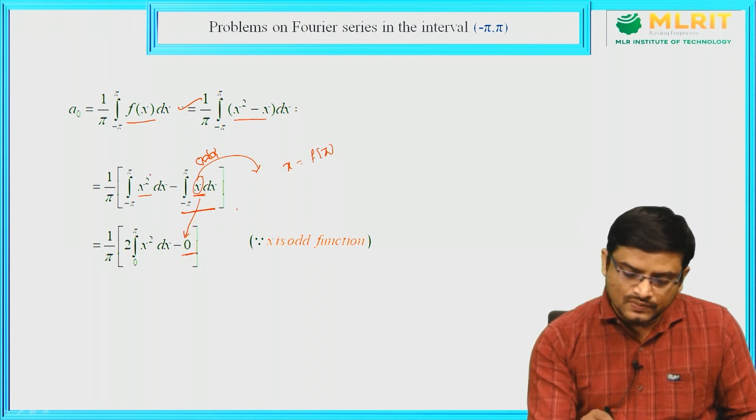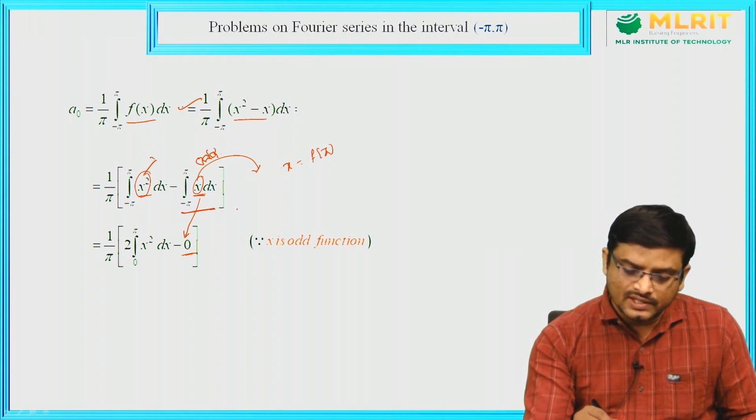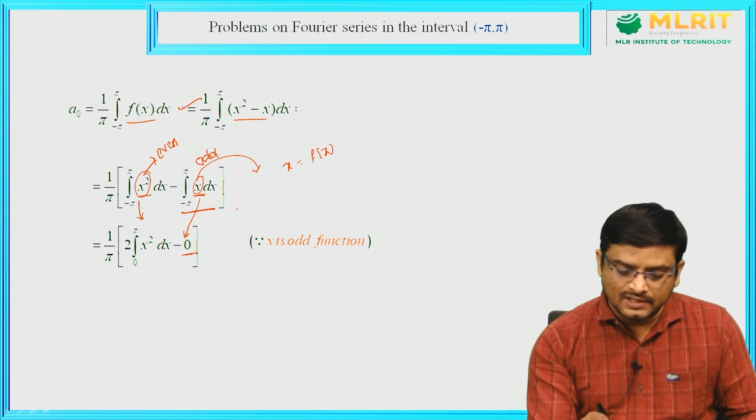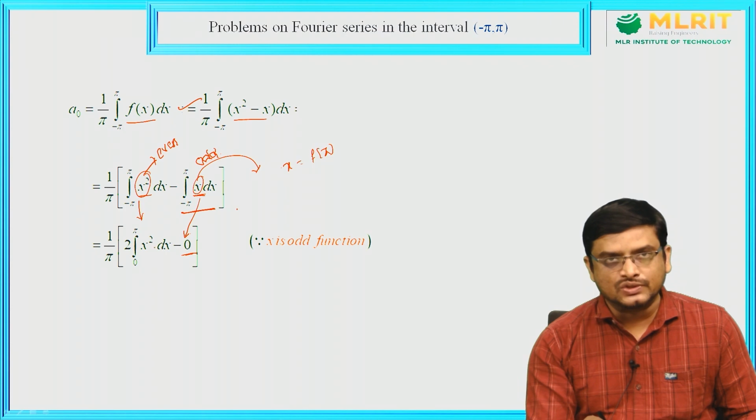Now if you observe the first integral here, x squared is an even function. Whenever we have an even function inside the integral whose limits are minus pi to pi, then this integral can be written as 2 into integral 0 to pi x squared dx.